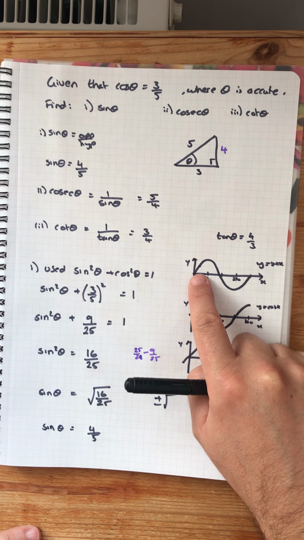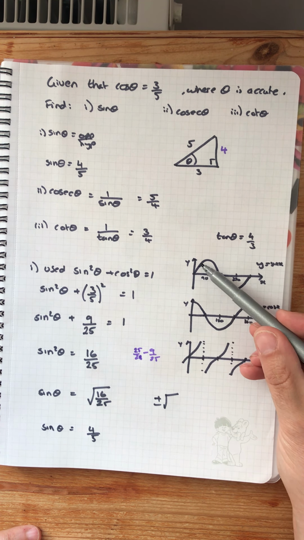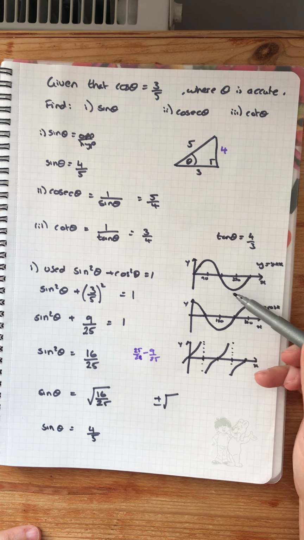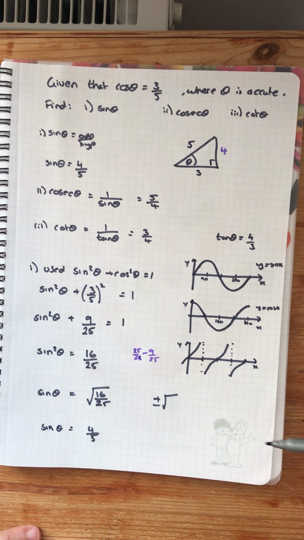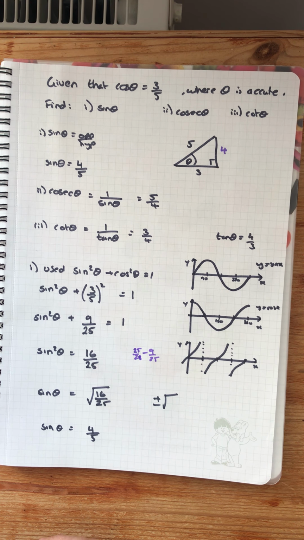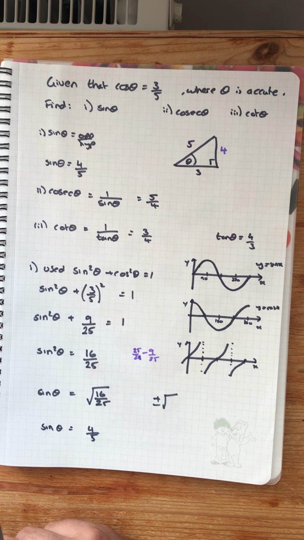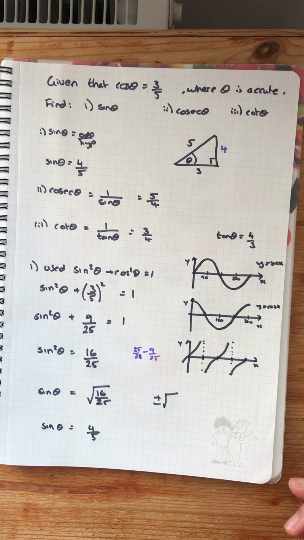So if I look up at my sine graph, it means that between 0 and 90, I'd get a positive answer, not a negative one. So it was the positive square root that I needed. This rule highlights the fact that you have to think, when you're square rooting, is it plus or is it minus? So there is a little bit of an issue there to solve.